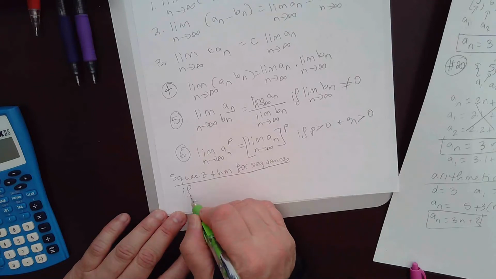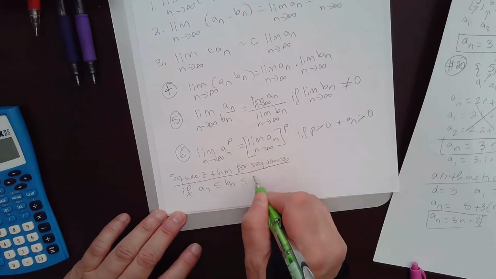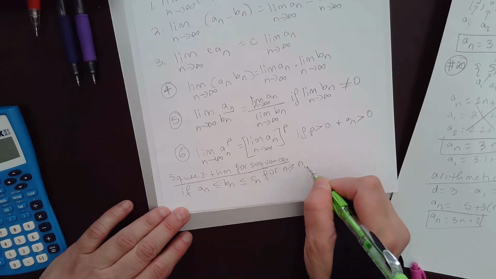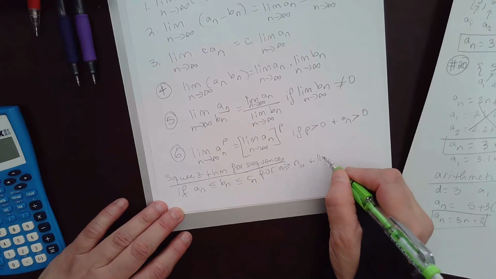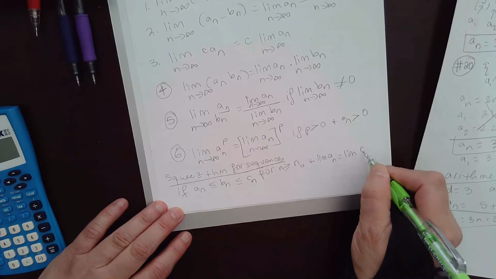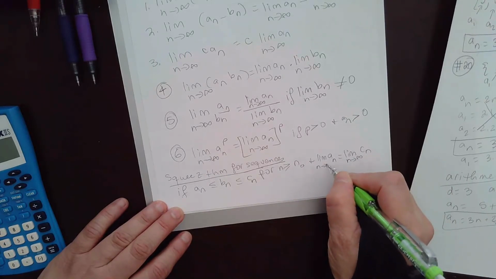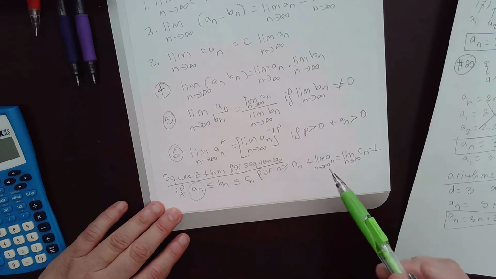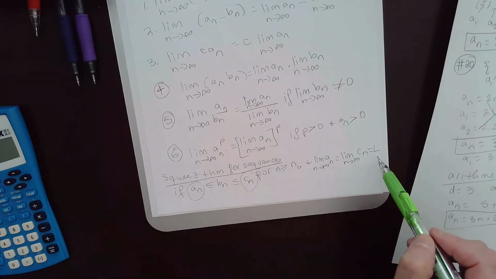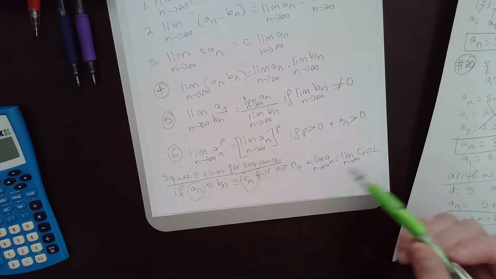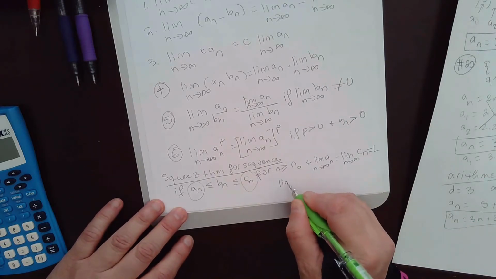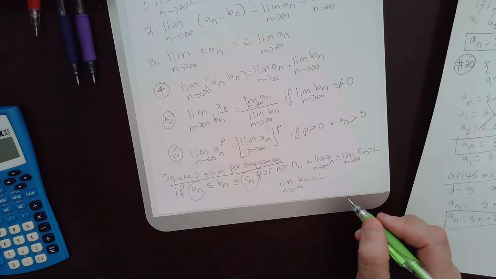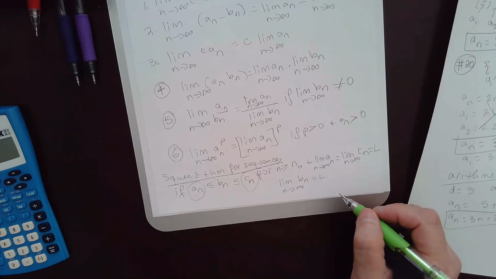Now if a_n is less than or equal to b_n is less than or equal to c_n, all of these are sequences for n greater than or equal to n_0, and the limit of a_n is equal to the limit of c_n as n approaches infinity equal to L, then the limit of b_n must also be equal to L. And this is what we call the squeeze theorem.